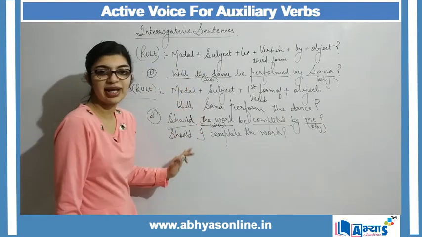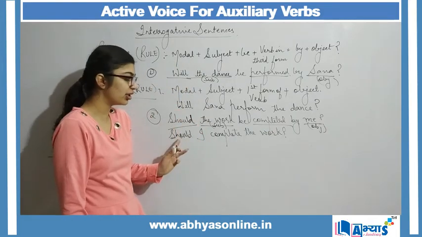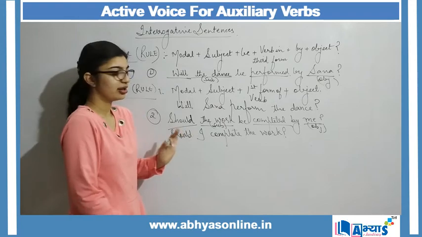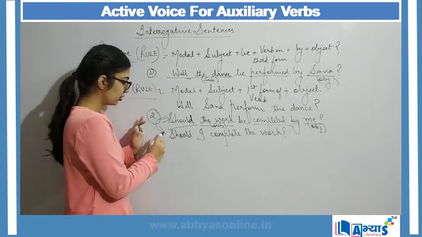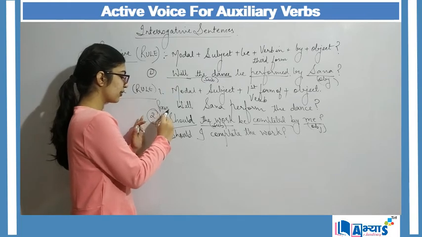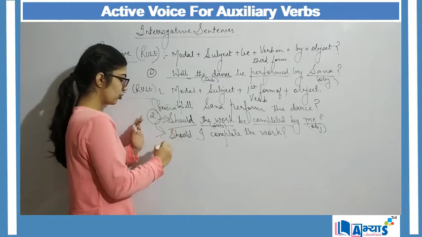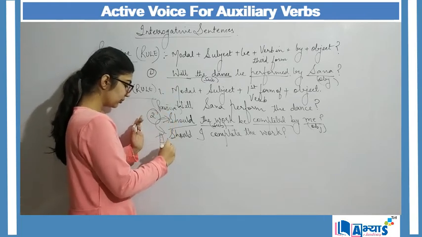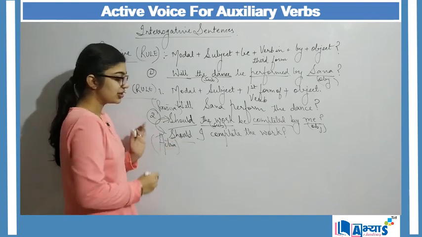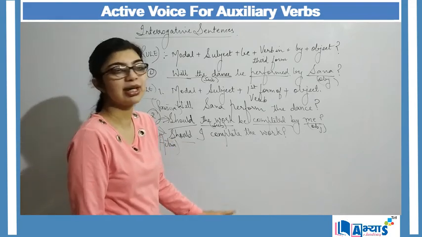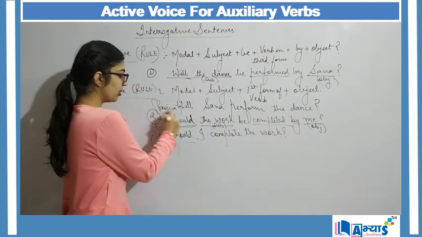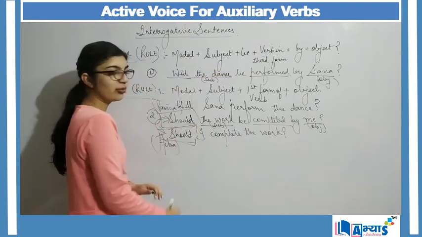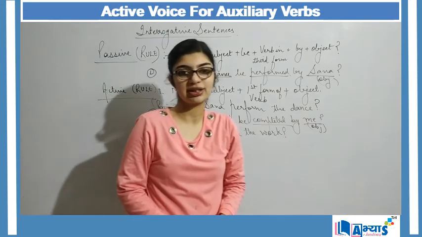So in this way, an interrogative sentence with a modal in passive form will change to active form, where the sentence type will remain the same, and the sentence type is the interrogative sentence. The modal will remain the same, only the formation of sentence will change.